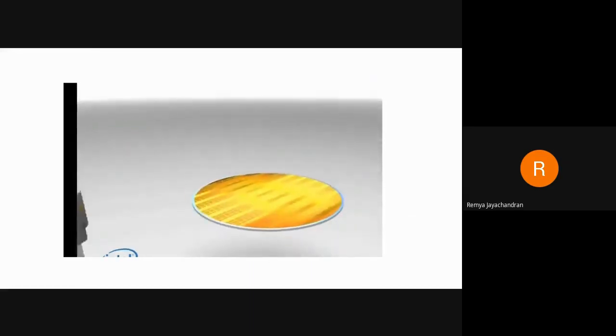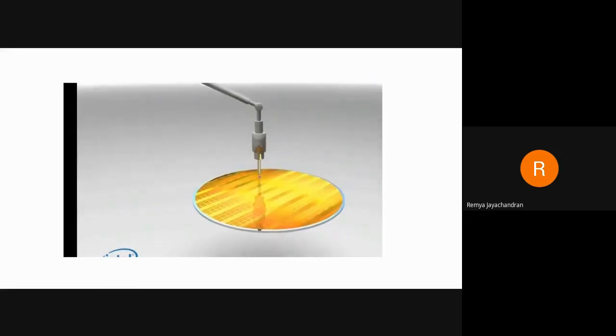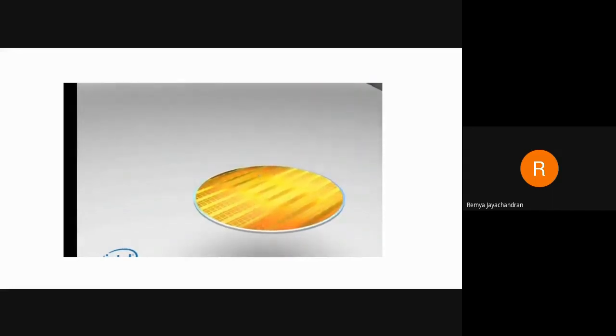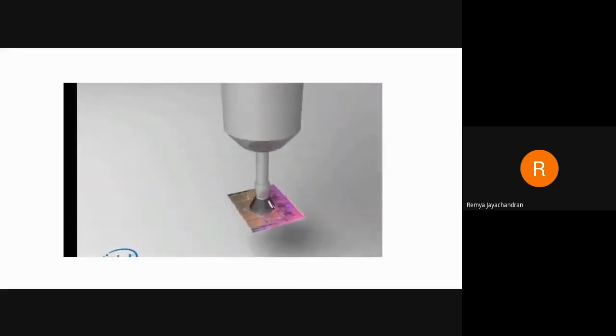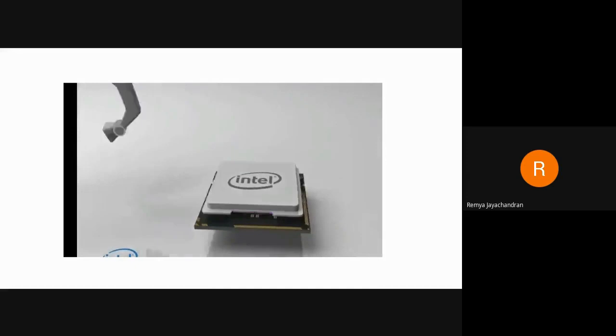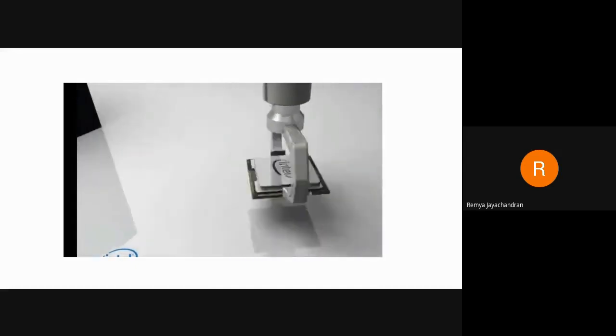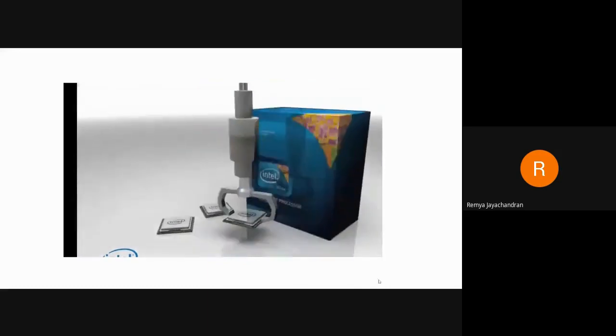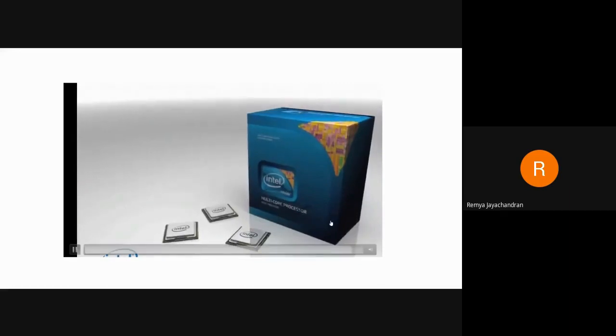And then slicing this wafer, and then the packaging. One more is there. This is the detailed flow of the fabrication flow. You can see that.